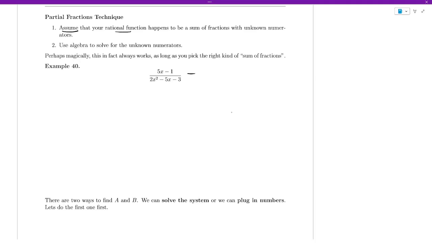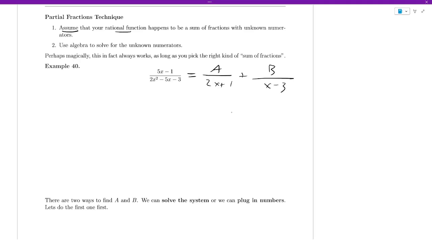Let's say, I wish that this was two fractions, but I don't know what the fractions are. So I'm going to write A for whatever the top number is going to be, and I don't know what it is yet, and B for the other top number.